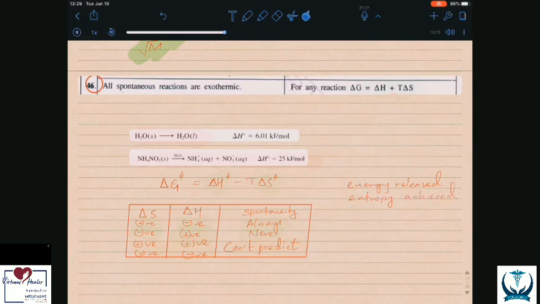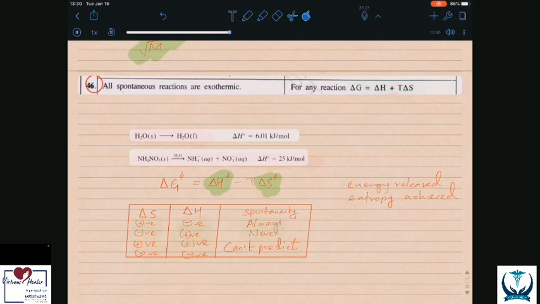Entropy is disorder. So if a reaction releases energy, then it is more likely to be spontaneous, but not always. If a reaction increases disorder, that is entropy, then it is more likely to be spontaneous, but not always, because it depends on both enthalpy and entropy.